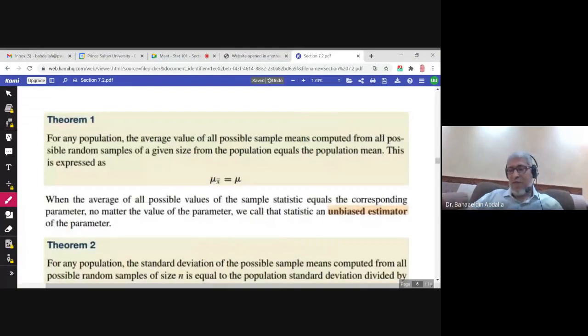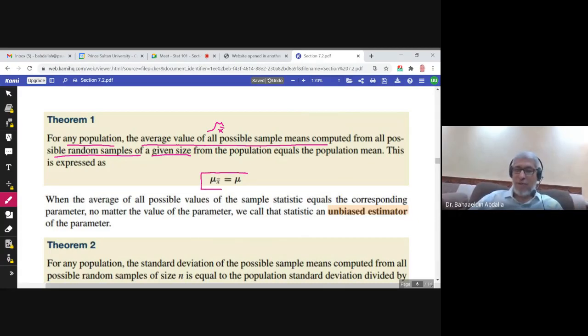So these are the theorems we will have in this section. For any population, because our population in the example wasn't normal. So for any population, whether it's normal or not, the average value of all possible sample means, which is mu X bar, computed from all possible random samples of a given size from the population, equals the population mean.